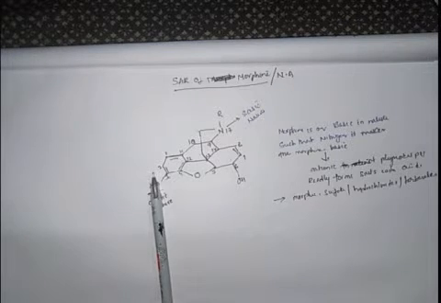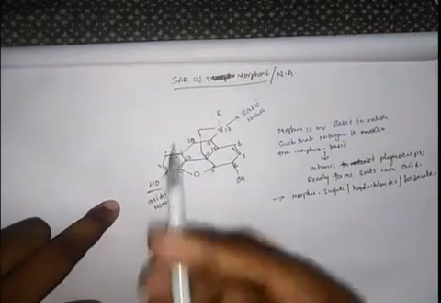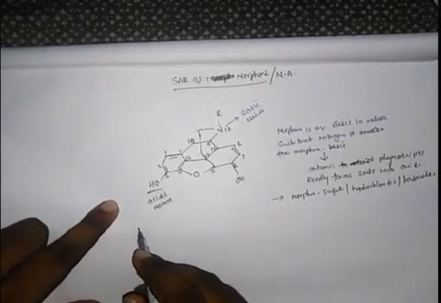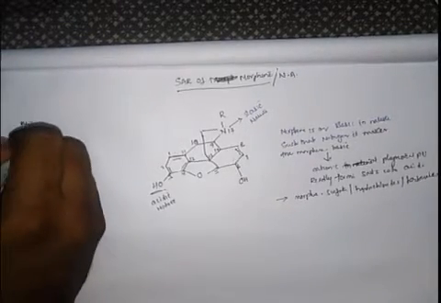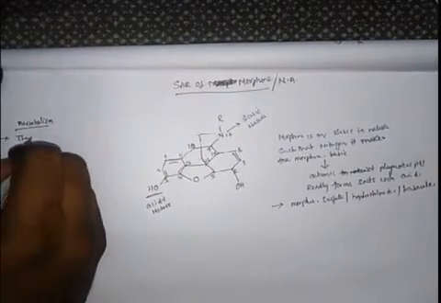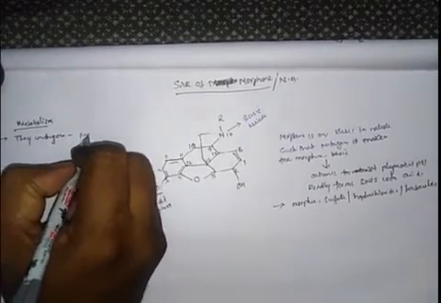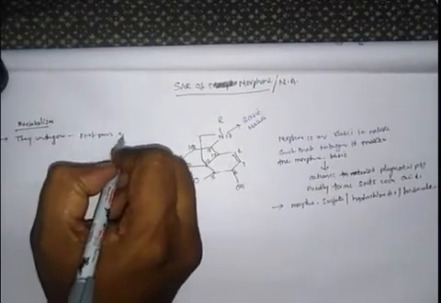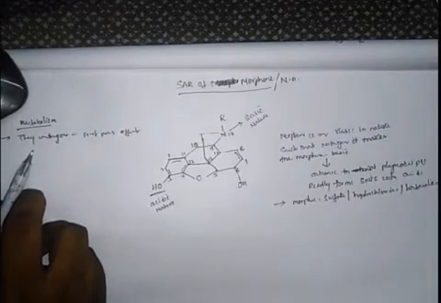This is about some important points of morphine. Coming to the metabolism, these morphine compounds undergo first pass effect, so they have to be given in the form of products to avoid the first pass effect.